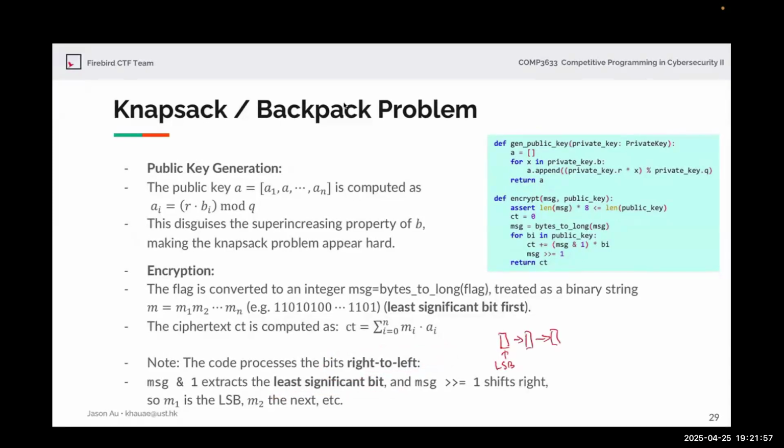So if we want to recover the message at the end, we need to do a reverse to get the most significant bit first, and then go all the way to the least significant bit. Okay, so we need to do a reverse at the end.